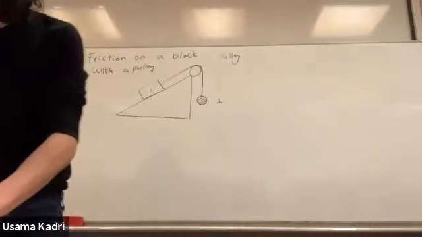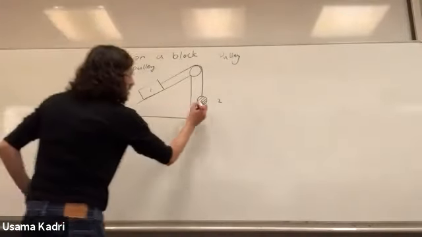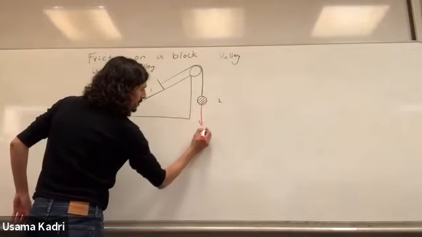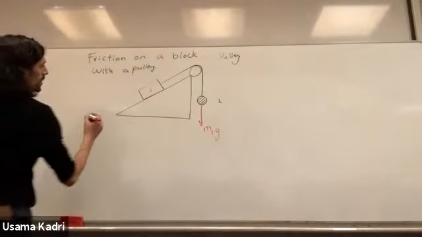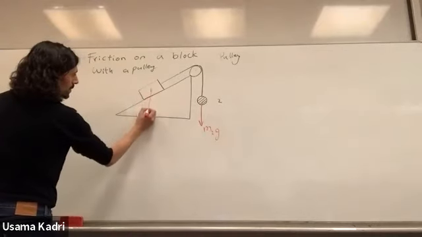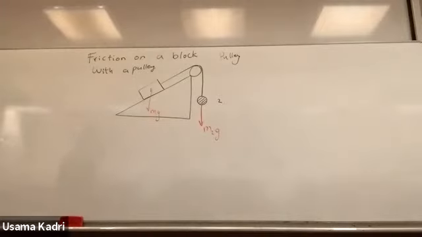Let's put the forces first, whatever we can. We know mg acts down here. So we have m2g for this object, and m1g for the first object.